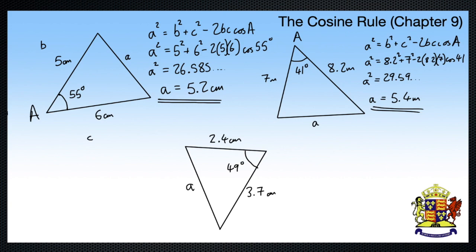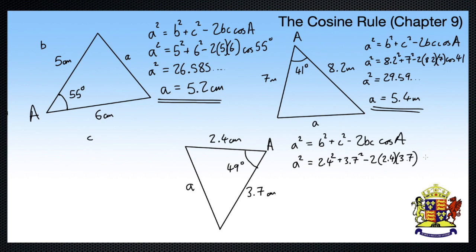Okay, final one down here. Again, this is A, B and C either side, they're trapping that angle. 2.4 squared plus 3.7 squared minus 2 times 2.4 times 3.7 cos 49.